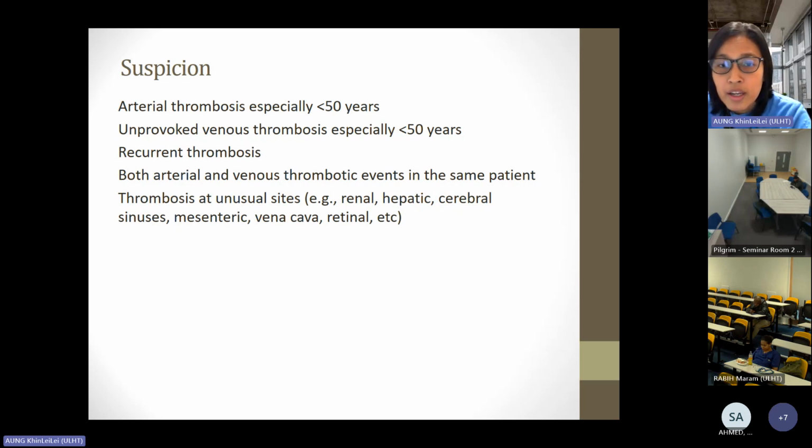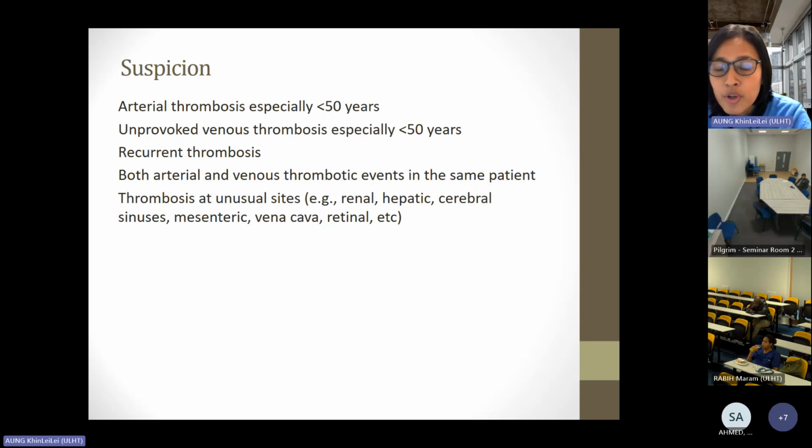Arterial thrombosis at young age, unprovoked venous thrombosis at young age, recurrent thrombosis, simultaneous arterial and venous thrombosis in the same patient, and thrombosis at unusual sites like renal thrombosis, hepatic vein thrombosis, cerebral venous sinus thrombosis, mesenteric thrombosis, retinal thrombosis. You are going to see such a question in the MRCP 2 exam.